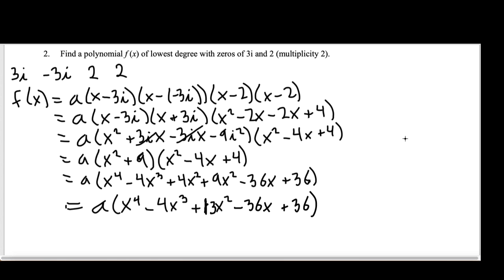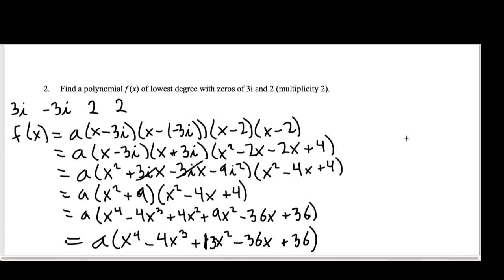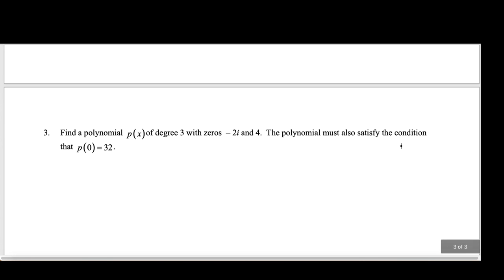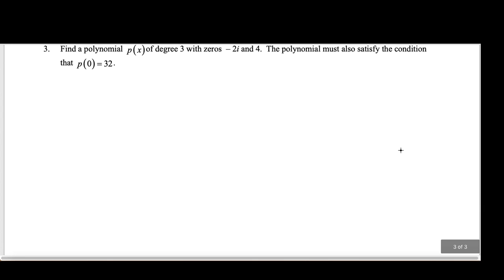All right. We will do one more example. Okay. Find a polynomial p of x of degree 3 with zeros negative 2i and 4. And the polynomial must also satisfy the condition that p of 0 equals 32.